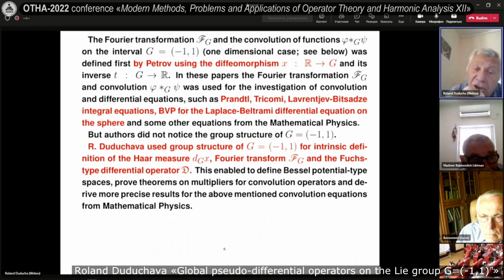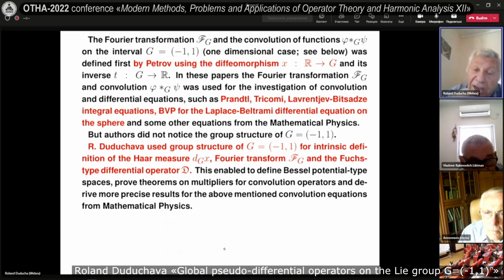He called it the P transform, and it is Fourier, but he never realized that it is the Lie group. It can be defined independently of the interval (-1, 1) as a Lie group, if you identify the Haar measure and representation of this group and the Fourier transform.